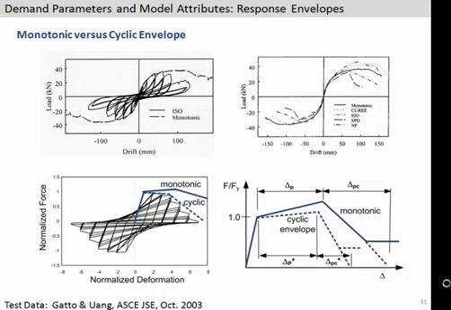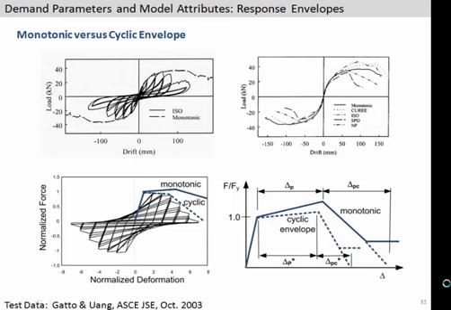That would be the curve that traces the envelope of response from a monotonic test. A cyclic envelope is one where you do a cyclic test and trace that same envelope. And shown in the lower right, generally the monotonic envelope is going to envelop the cyclic envelope, but understand also that the cyclic envelope really depends on what kind of cyclic loading protocol has been used to test a component.